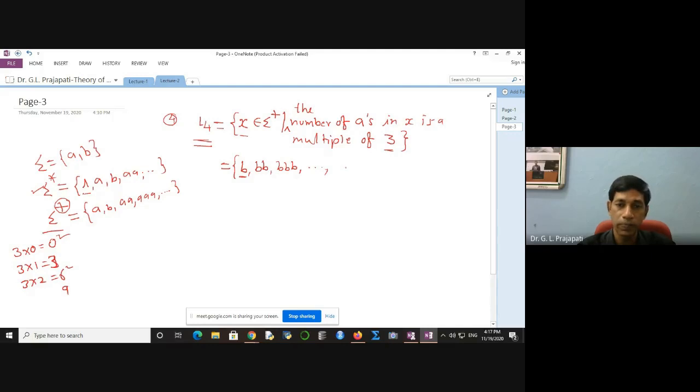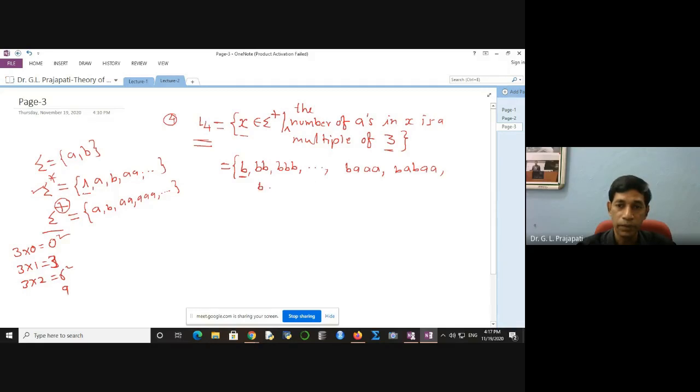So if you have the B here, if you have A, then you must have 3 times, either 0 times or 3 times, or a multiple. And this is a valid string. B triple A is a valid string. Or B A B A, this is also a valid string.